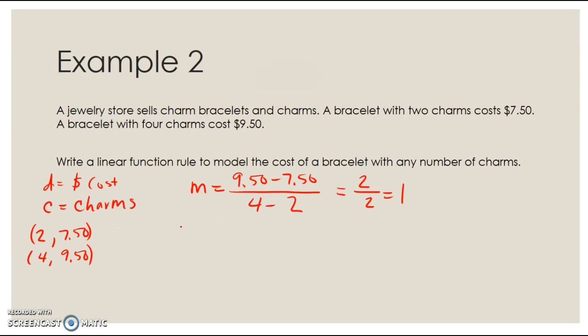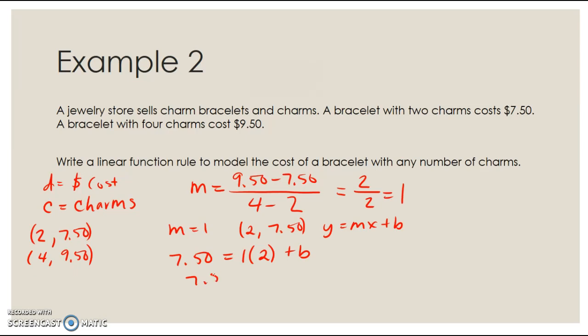I'm then going to pick a point, so I'm going to take the fact that m equals 1 and the point (2, $7.50), and I'm going to plug into y equals mx plus b. And so y would be the $7.50 equals m, which is 1, times my x, which is 2, plus b.